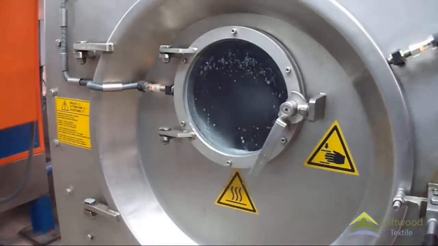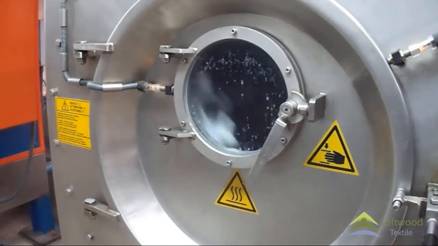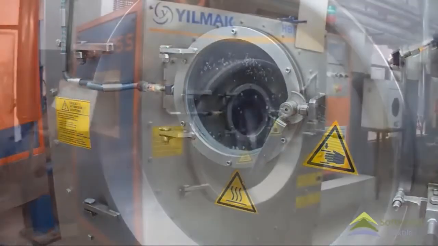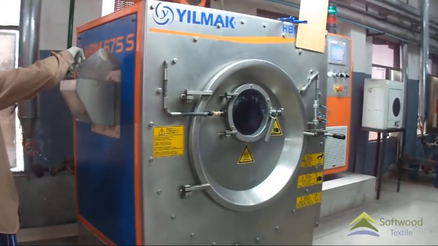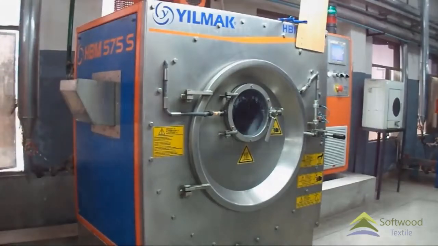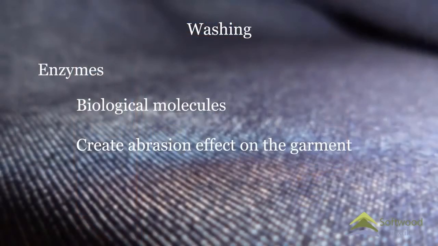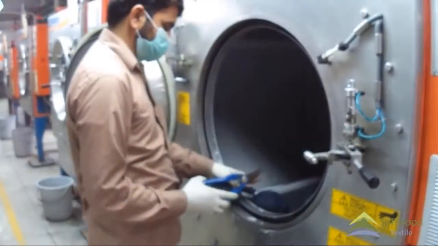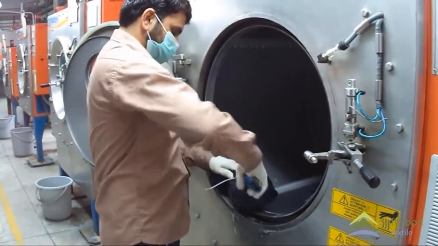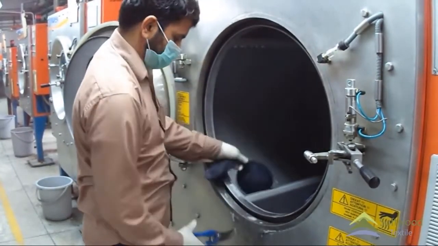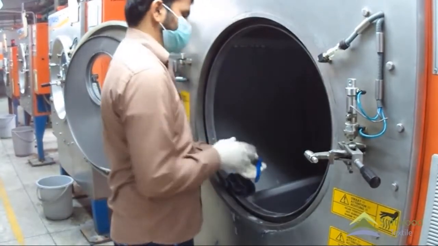The process is run for 10 minutes, after which the machine is drained and fresh water is inducted. Enzymes are now added into the machine. These are biological molecules that act as catalysts and help creating an abrasive look on the body of the garment. The process is run for another 10 minutes, after which the machine is stopped and ties are opened.